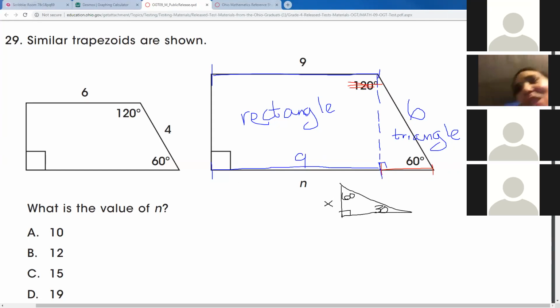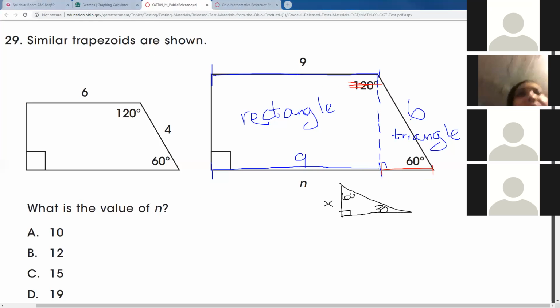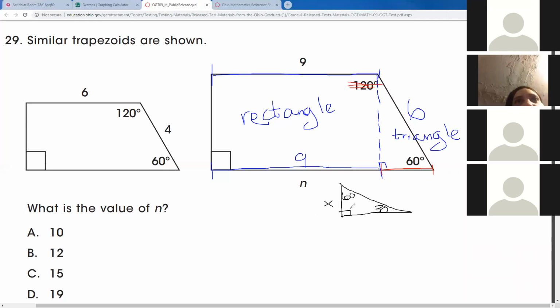I'm going to have to go back because I don't remember the other 2. 2x and x square root 3. So like I said, the longer process is a lot longer. 2x, x square root 3. So when we look at these 2 triangles, we're comparing them to each other, and we're looking at the side we know versus the side we want.